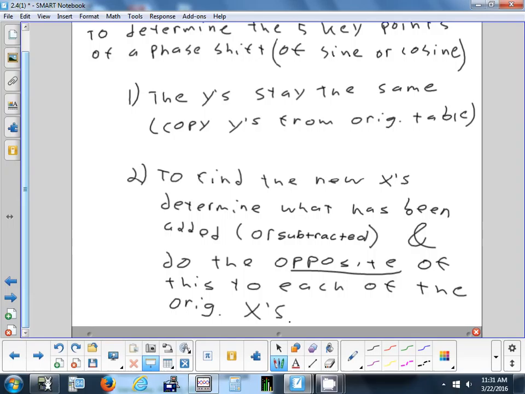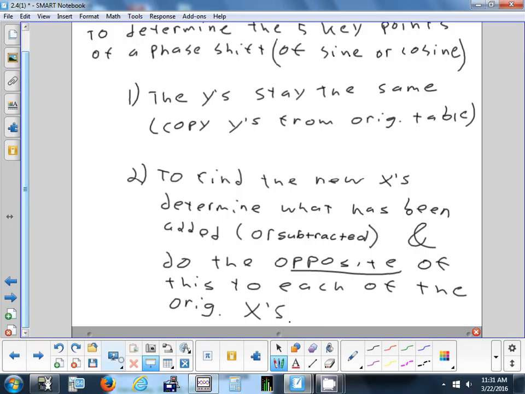So find what's been added or subtracted and do the opposite of that to all the original x's in your table. Once we go through an example, I think it'll be a lot clearer. It's not as hard as it seems.